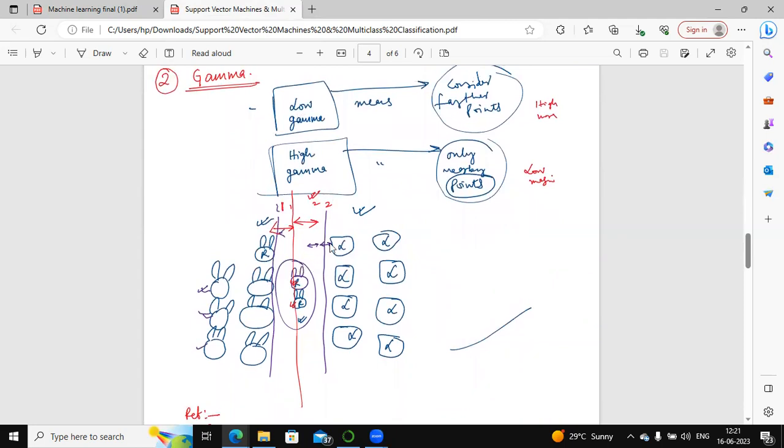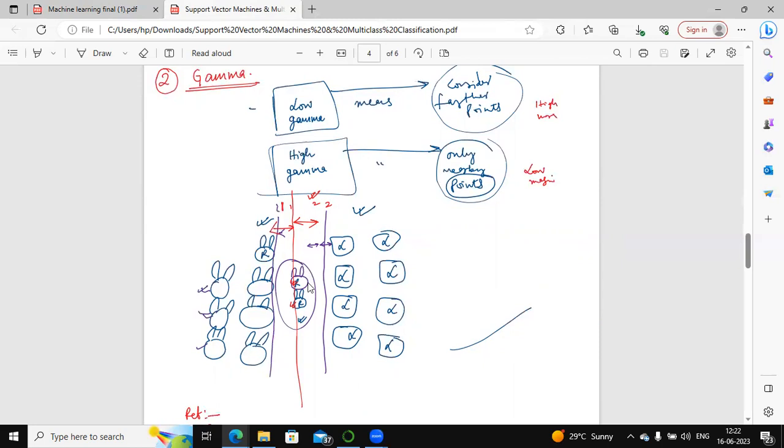So a low margin will happen. Okay, this hyperplane moves from this position to this, and we will have a very low margin. So just think, you have a hyperplane down over here because you have a high gamma. What you are trying to consider is nearby points, it will check.